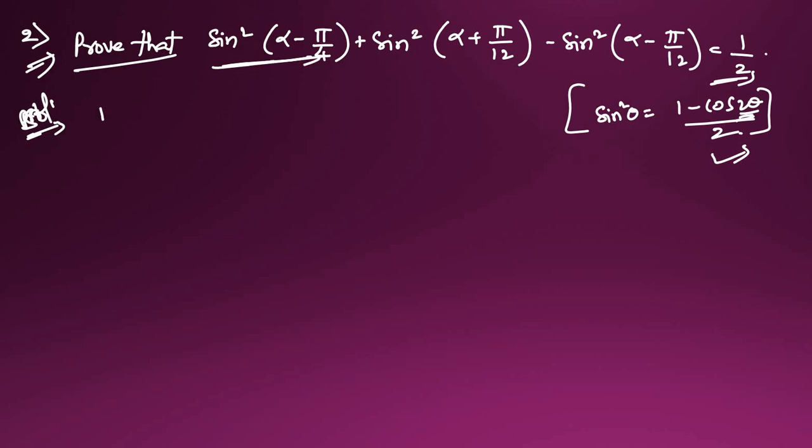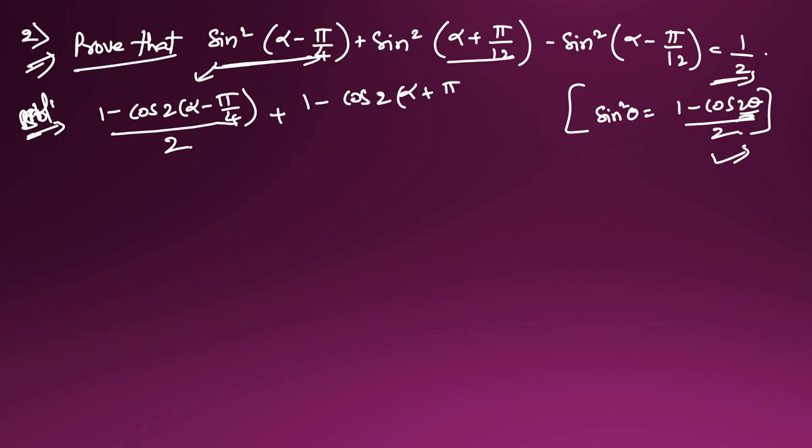It will become 1 minus cos 2 into alpha minus pi by 4, and this total divided by 2, plus sine square theta is again 1 minus cos 2 into alpha plus pi by 12, whole divided by 2 there.